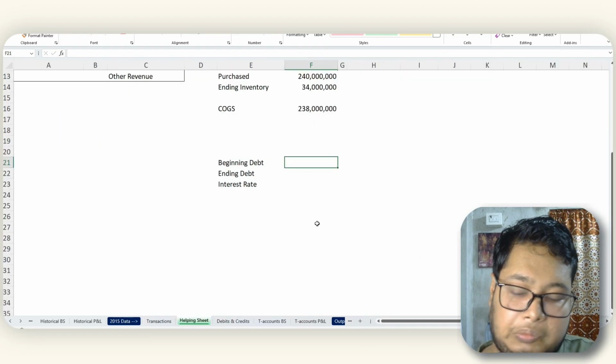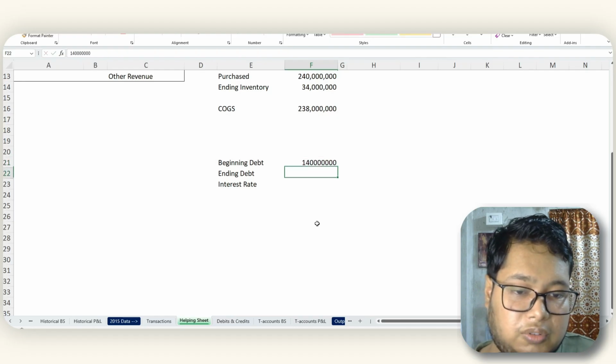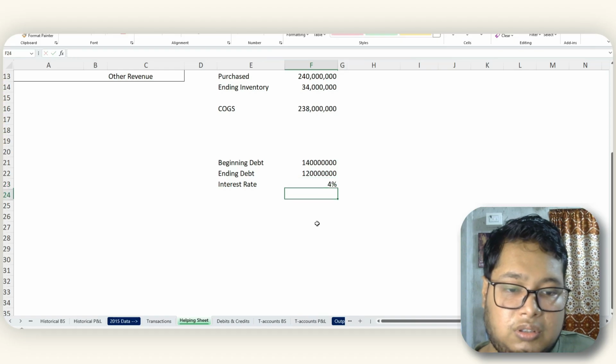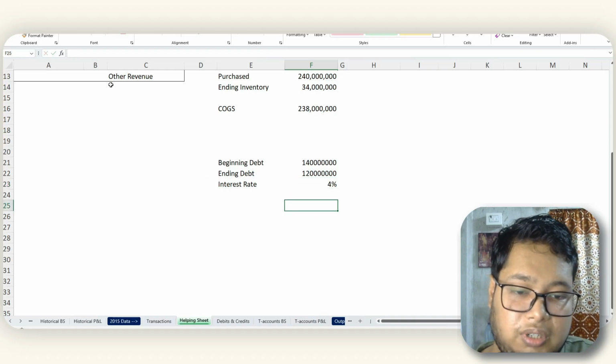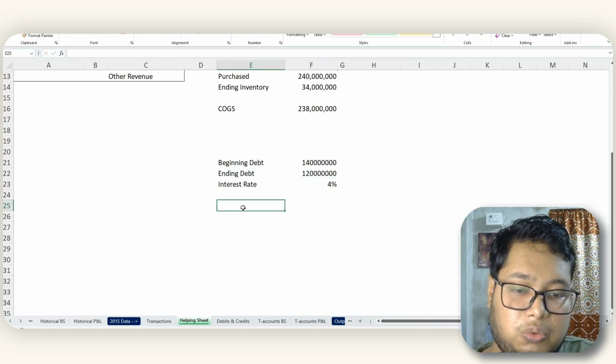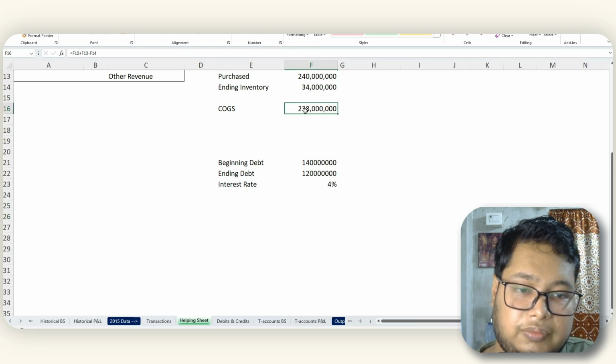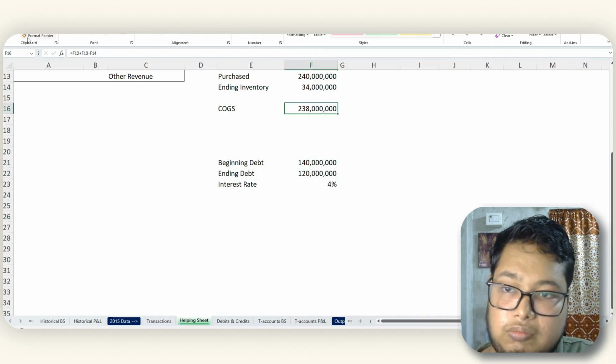Then 4% interest. Two things we need to know: first, the cash movement, and second, the interest payment we have made. So let's do that.